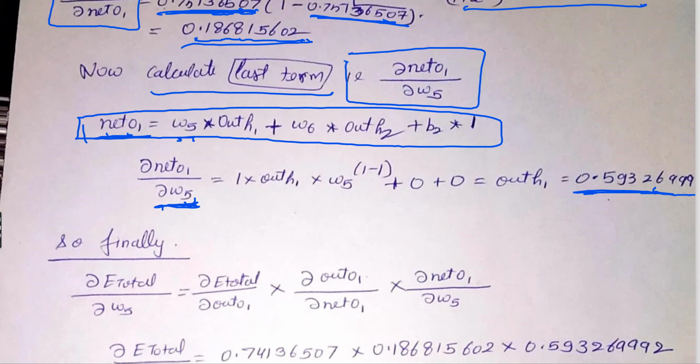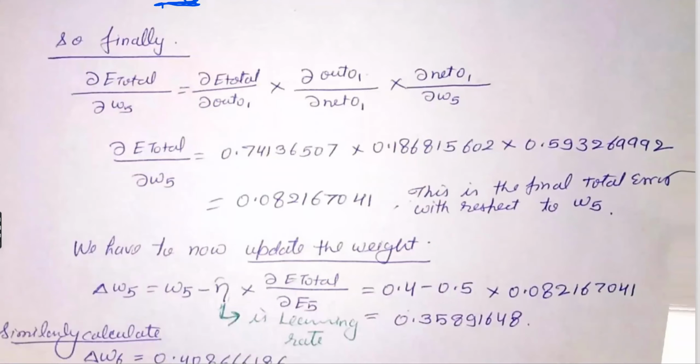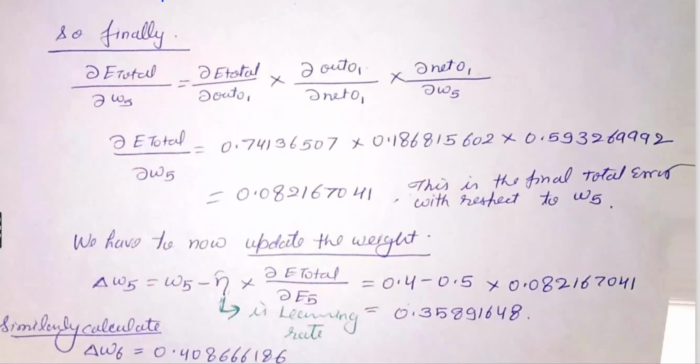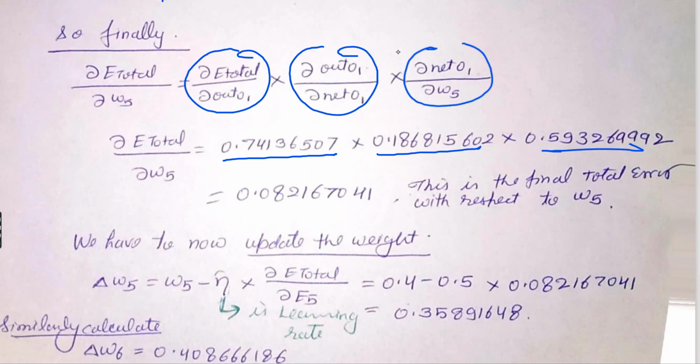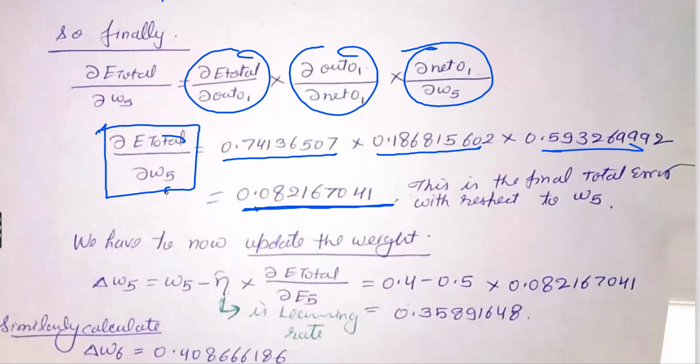Finally, we have obtained all the values of all the differentiation. We have substituted all the values here of each partial differentiation, and after putting all these values, we get the value of the partial differentiation of total error with respect to W5. Now we update the weight of W5.